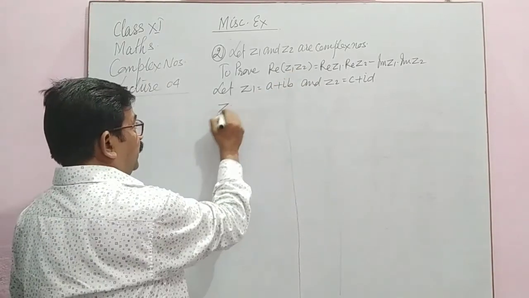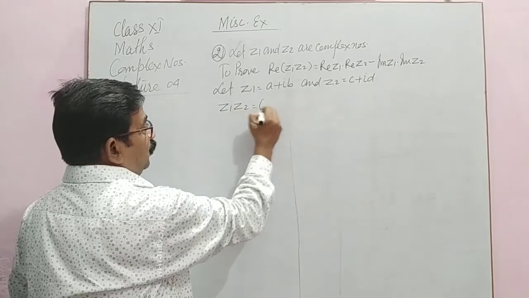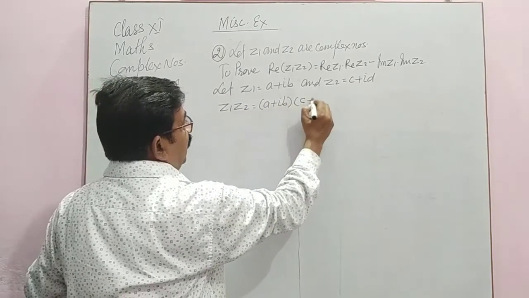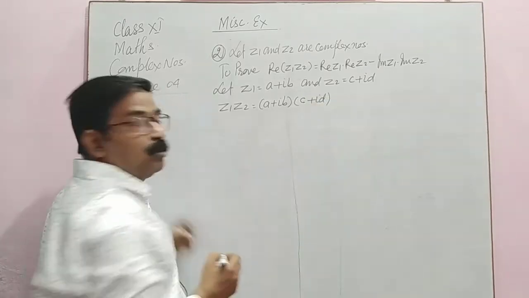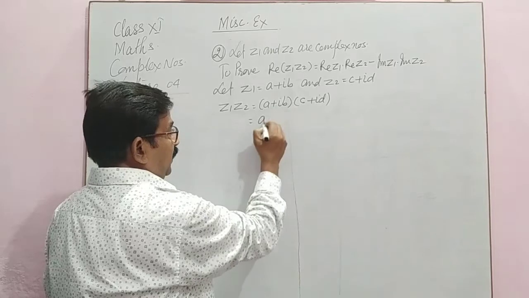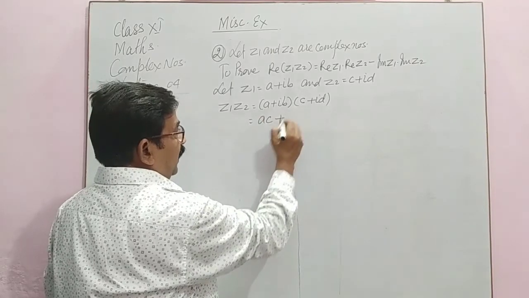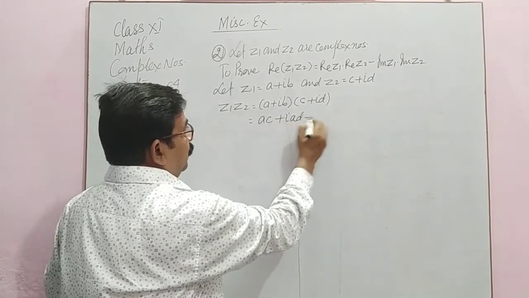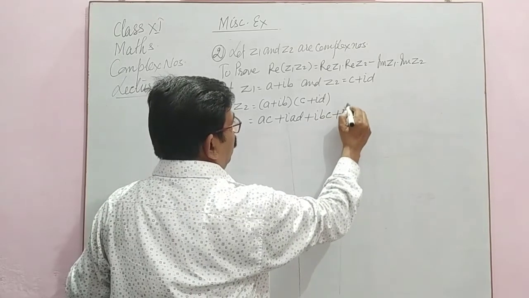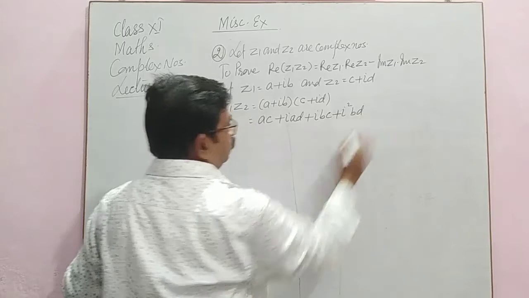So first find z1 z2. So a plus ib into c plus id, and I have told how to multiply two complex numbers. I am multiplying a into c, ac, a into id, iad, plus ibc, plus I square bd.